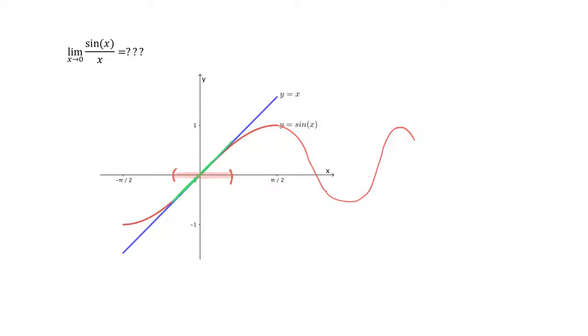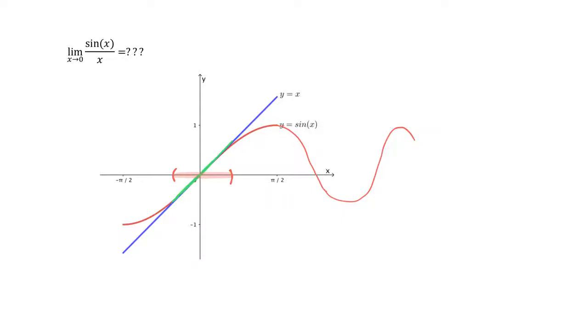It matches perfectly with the line y equals x. So then that means that this line y equals x is a beautiful approximation for the sine graph around 0.